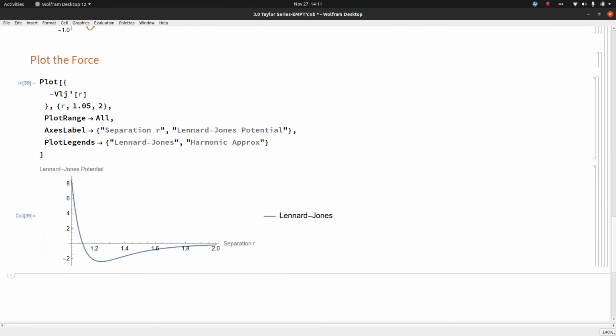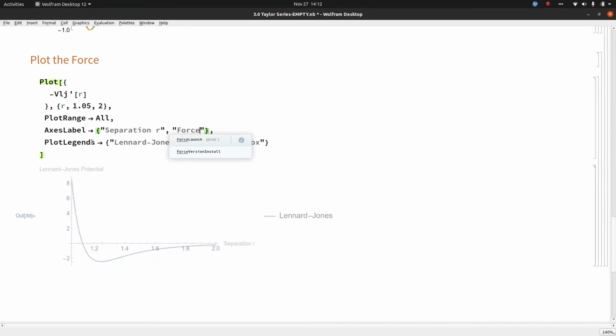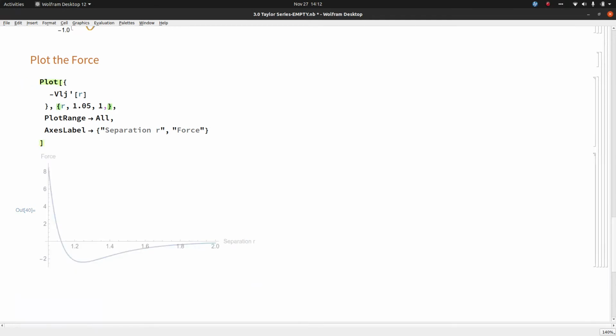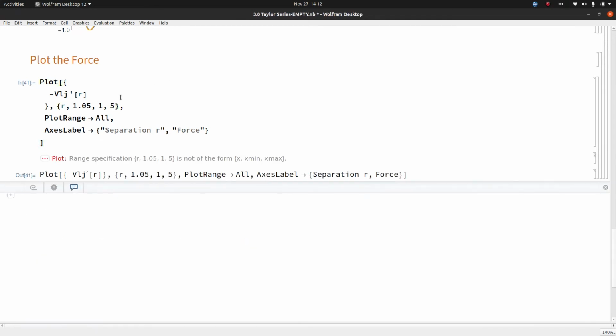So we'll do 1.05 to 2. Oh, and I have to change this because this is no longer the potential we're plotting. This is the force, and I probably don't need a plot legend. So what does this mean? Let me actually change my range here. We'll go to 1.5. Nope, go back.